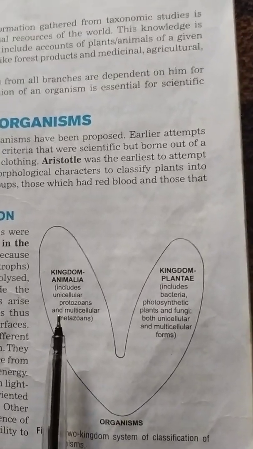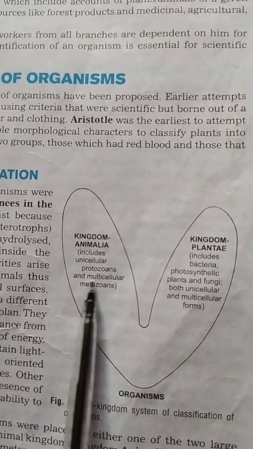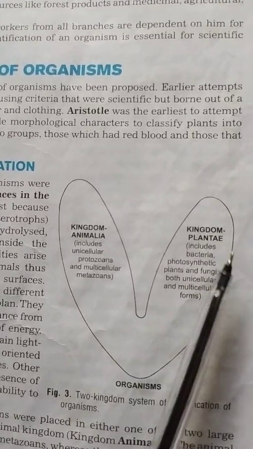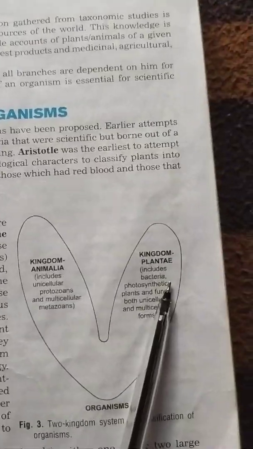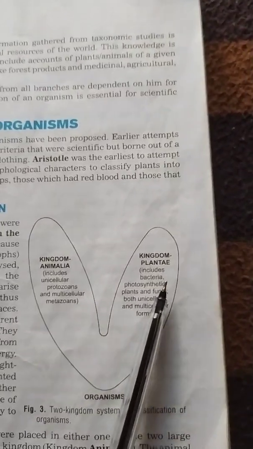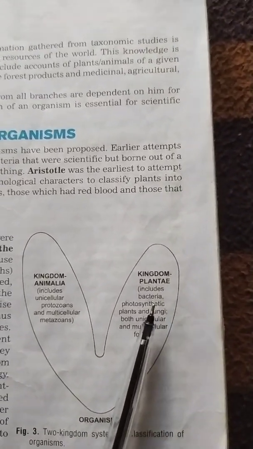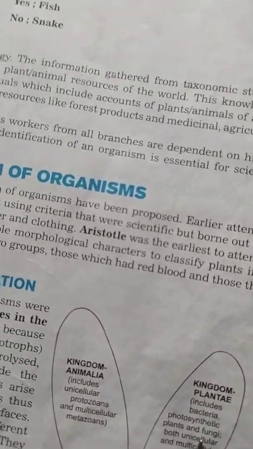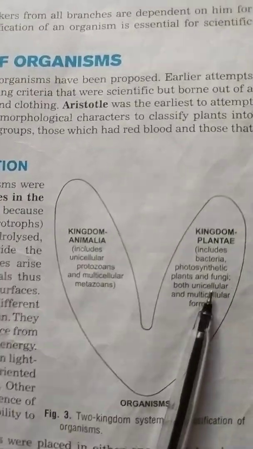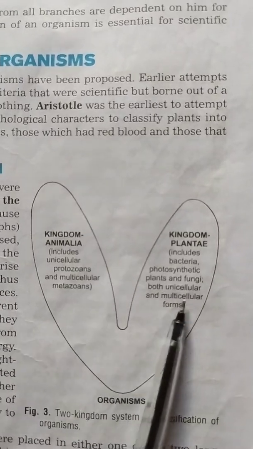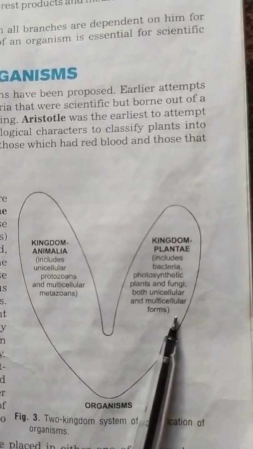It contains unicellular protozoans and multicellular metazoans, whereas the Plantae kingdom contains prokaryotes or primitive bacteria and eukaryotes or more modern kinds of photosynthetic plants and non-photosynthetic fungi. Unicellular and multicellular forms are all contained in Plantae.